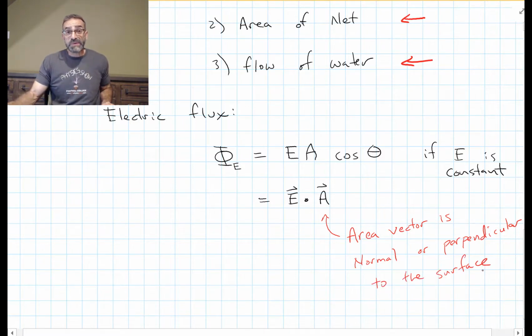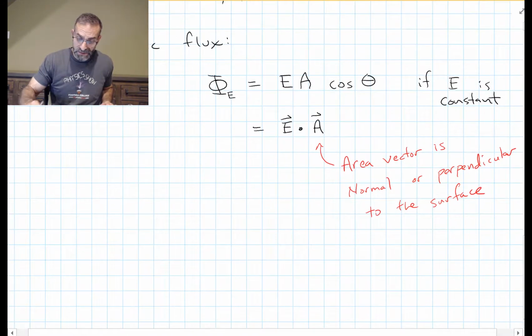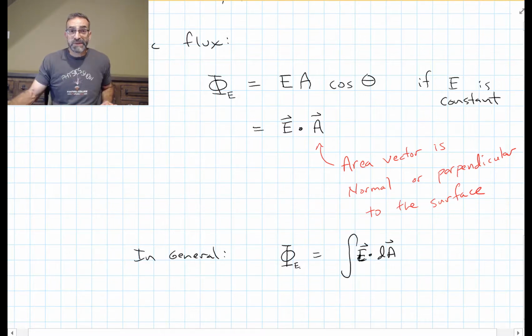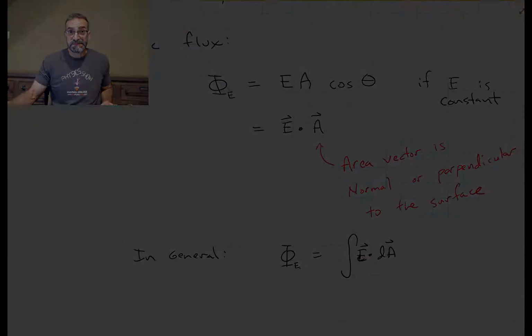The area vector is normal to the surface or perpendicular to the surface that it's defining. This is true if the electric field is constant over the area, but the electric field might not be constant over the area. So in general, we would have to integrate the electric field over the area to get the flux.